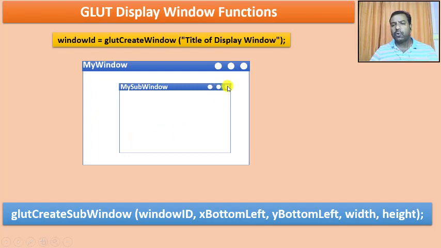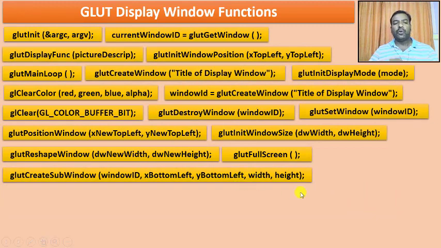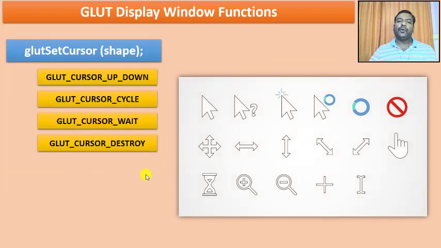And there won't be any icons which you can work on for the sub window, because this will be embedded in the main window. Hence the main window will be controlling this sub window. Hence remember how the sub window will be created in your program. And this is how we are going to use GLUT create sub window in your windowing function.